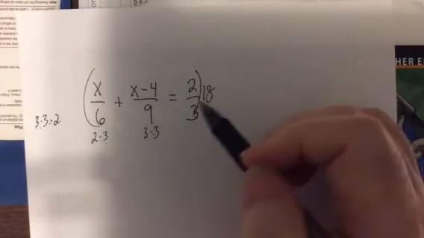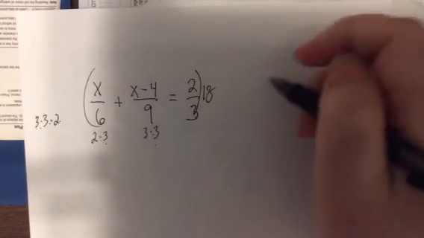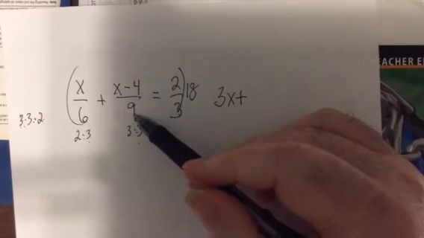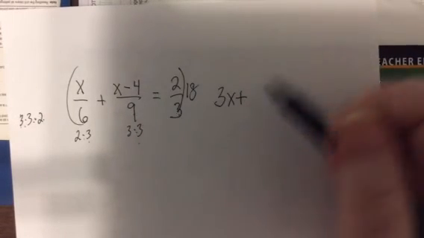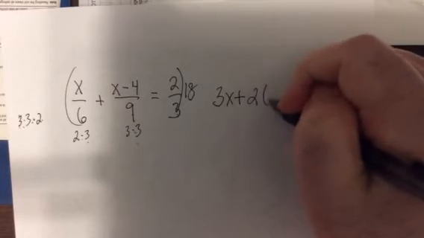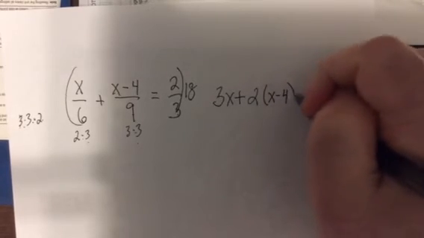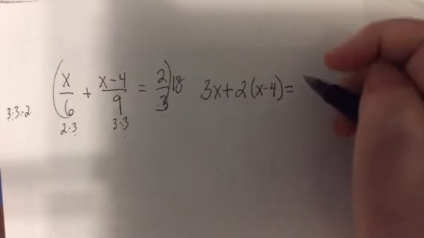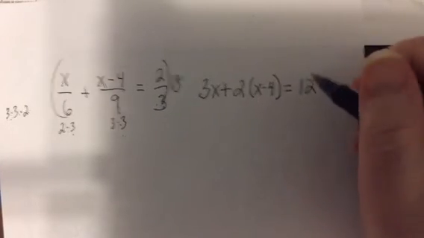So 6 goes in 18 3 times. x is 3x. Plus 9 goes in 18 2 times. So it's 2x minus 4 equals 3 goes in 18 6 times 2 is 12.